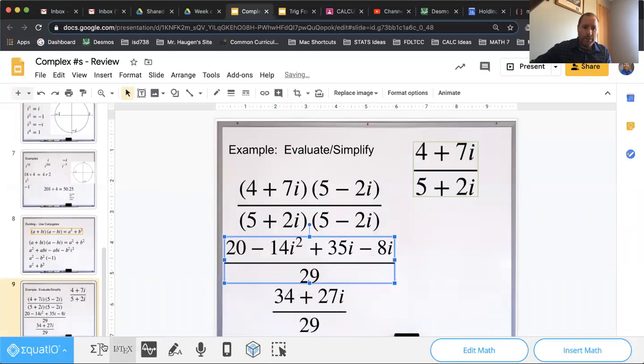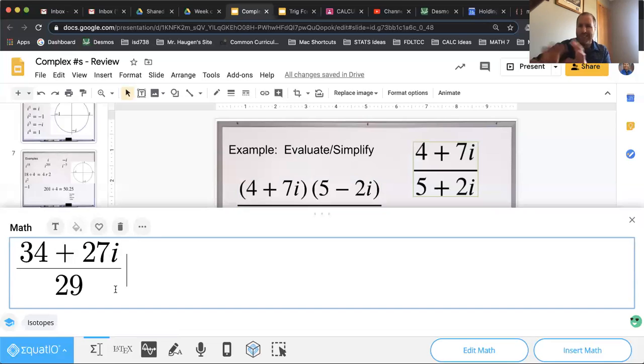Now, there is a little bit, not too much more to add here, but just to clarify, some instructions and stuff like that will sometimes say, hey, put things in the form of a plus bi, right? And this is not quite an a plus bi because it's being divided by something. So very simply, and you don't have to do this in your homework, but it's just here for clarification.